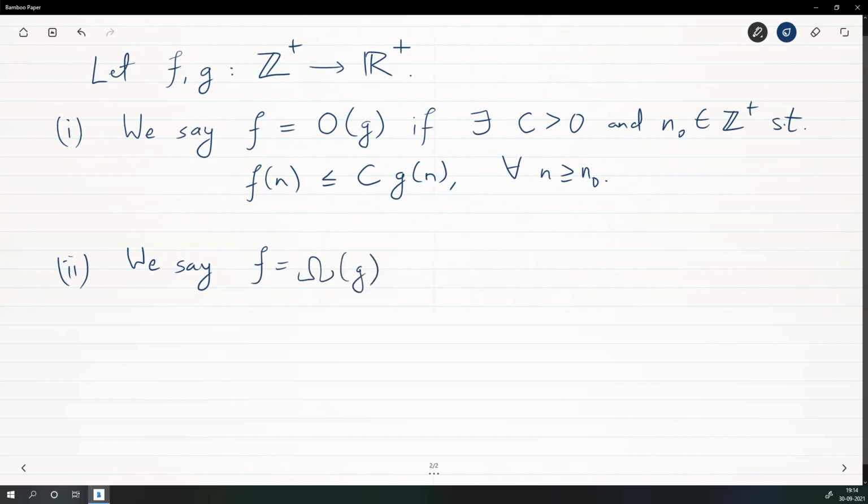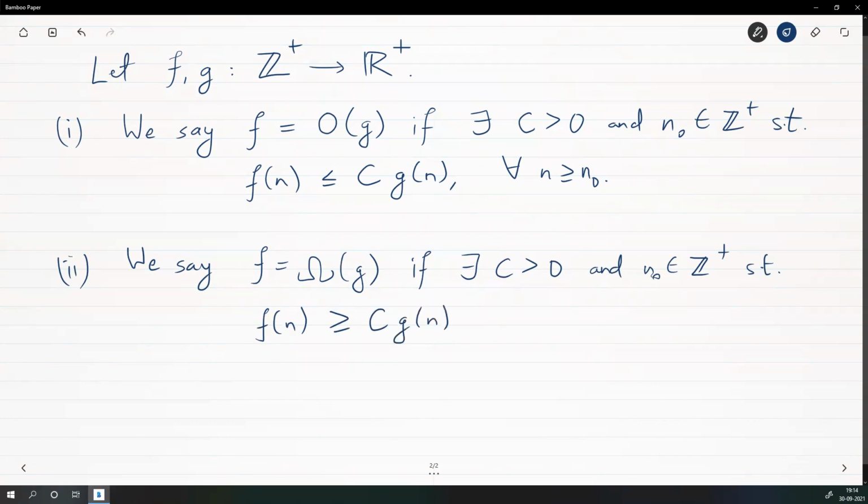Omega g, if once again there is a constant and an n naught, such that f of n is in fact greater than or equal to the constant times g of n for all n greater than or equal to n naught.